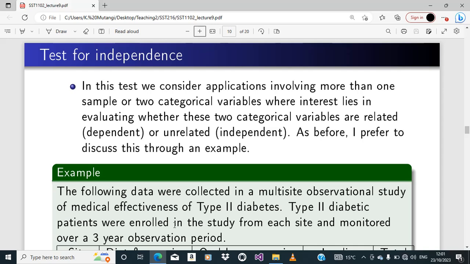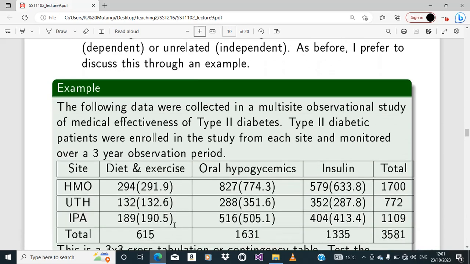So we would also want to go through an example. The following data were collected in a multi-site observational study of medical effectiveness of type 2 diabetes. So type 2 diabetic patients were enrolled in the study from each site and monitored over a 3-year observation period. So we have the site there, HMO, UTH, hyper, and then the treatments: diet and exercise, oral hypoglycemics, and insulin.